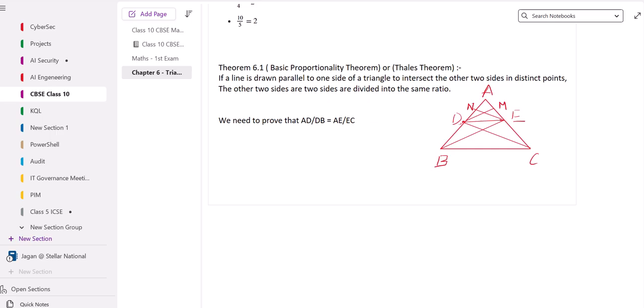Now the next step, area of triangle ADE.